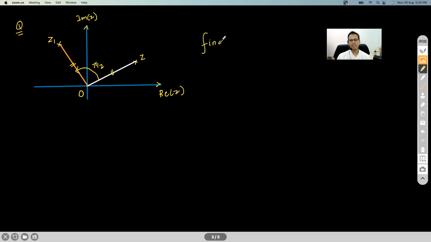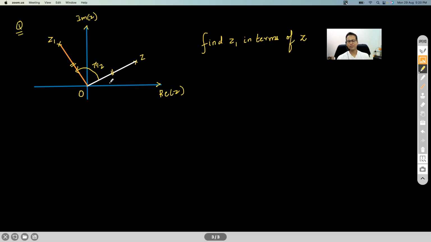Find Z1 in terms of Z. That means find how Z1 and Z are related to each other. Question is clear to everyone?